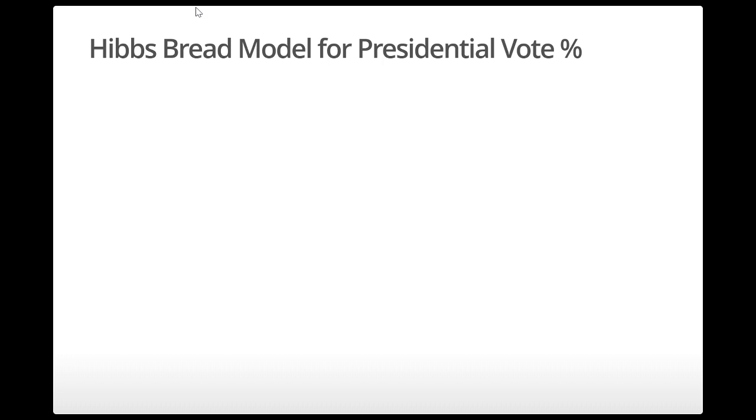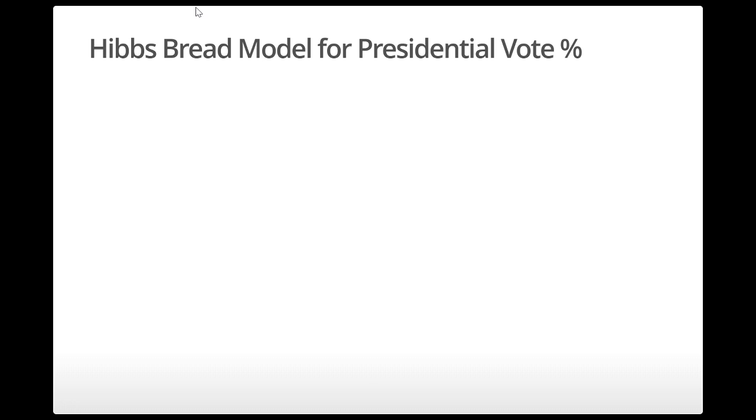So one of the things talked about in the reading, and if you didn't get your copy of the reading, I have some more up here, we'll be reading the second half of that for Thursday, is this fundamental model in polling, in political science, by Doug Hibbs.